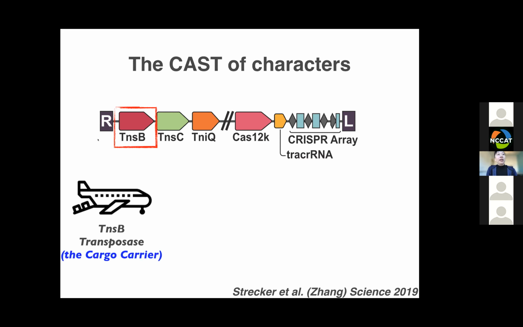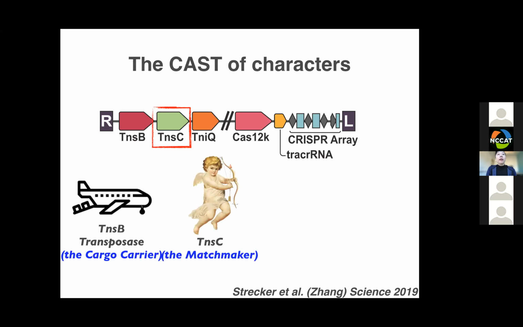So here TnsB is the transposase. It carries the donor cargo and it catalyzes the reaction. So that's the catalytic center of the whole element, and I refer to it as the cargo carrier for this story. And this protein is called TnsC.